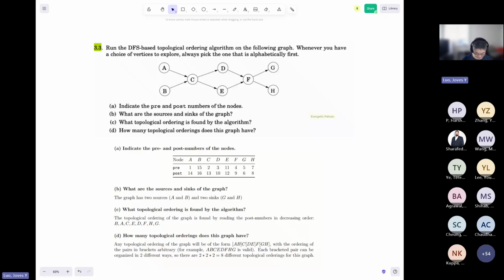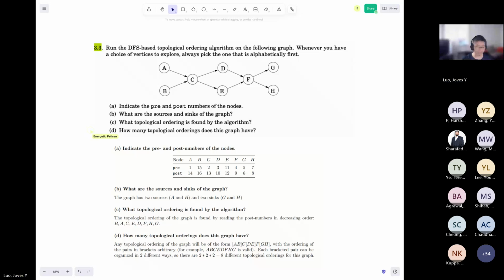So what does DFS do? DFS takes your first index and tries to go through as far as it can before it starts backing up. Because we want to do pre and post numbers, whenever we enter a vertex, we indicate what number that is as a pre number.